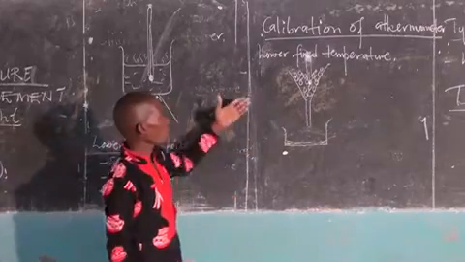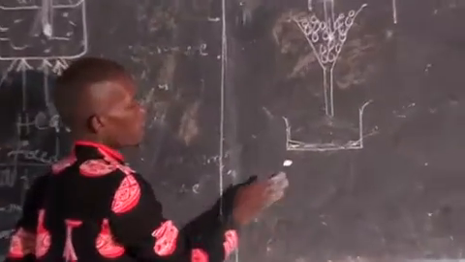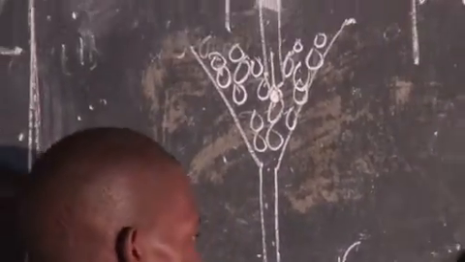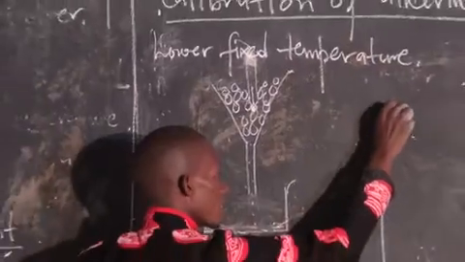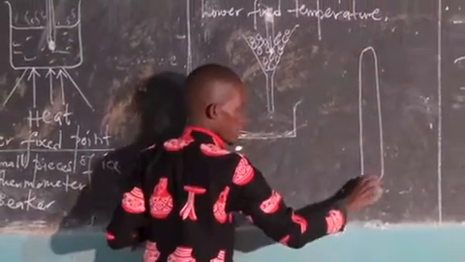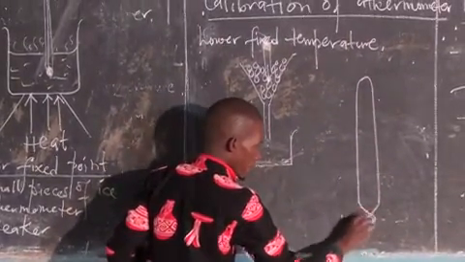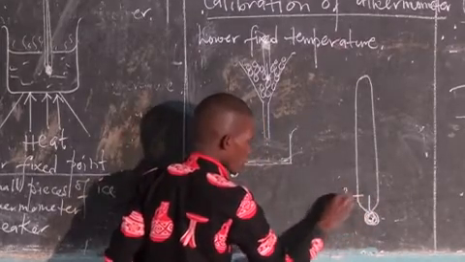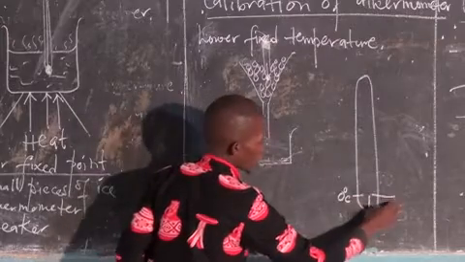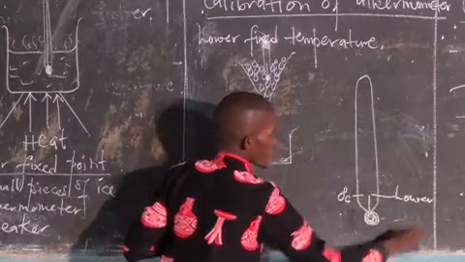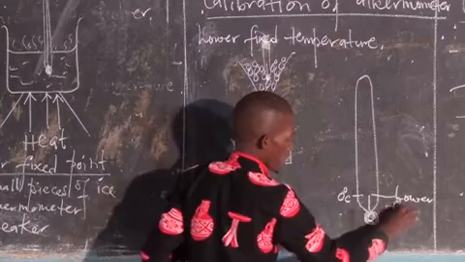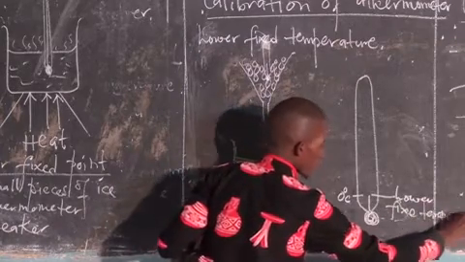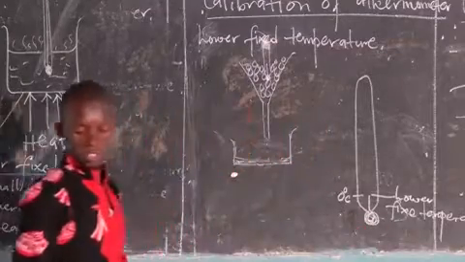So when we talk about the lower fixed temperature, you come out with this. At 0 degrees Celsius, this is what you call the lower fixed temperature. That temperature is at 0 degrees Celsius.